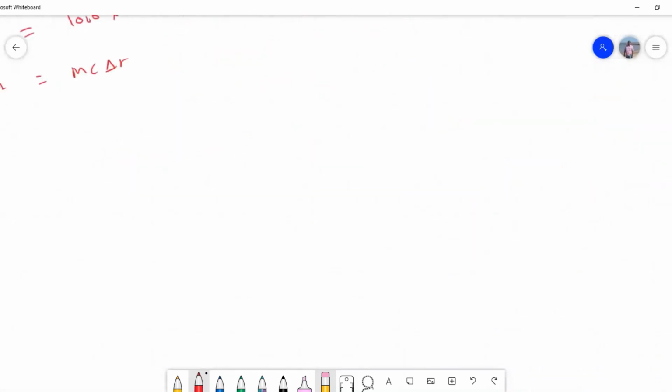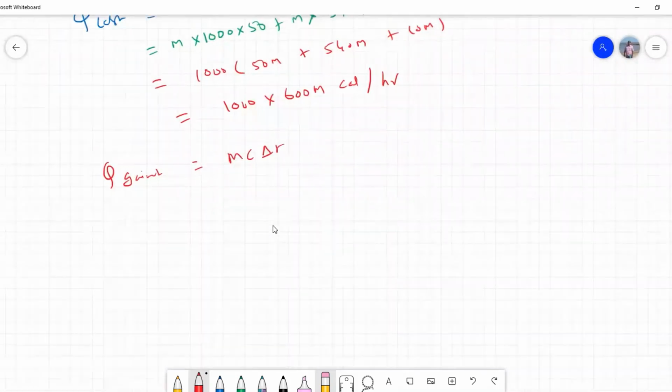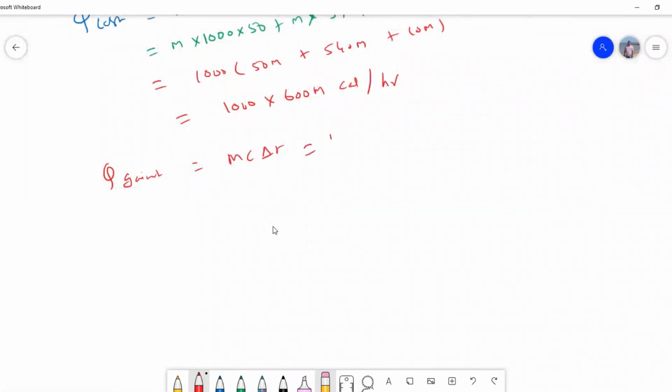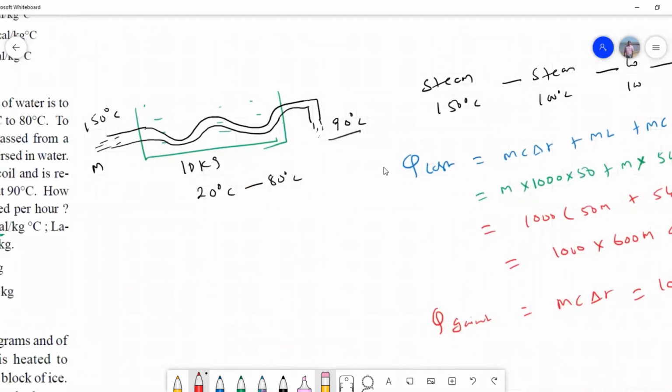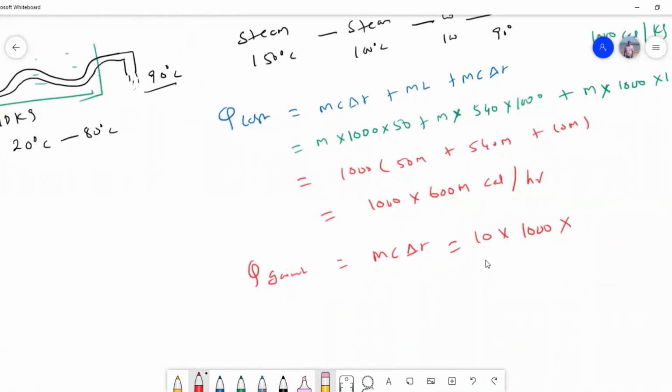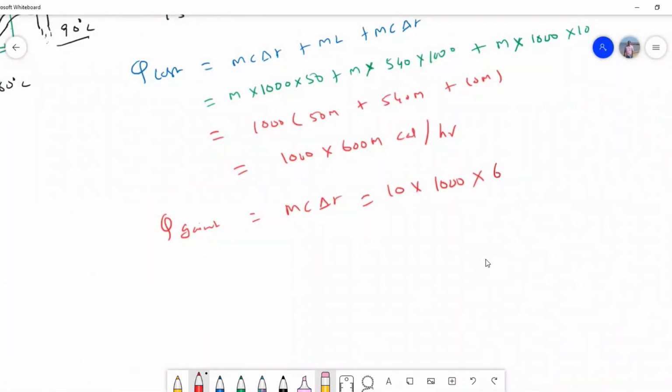Again, specific heat of water is 1000 calorie per kg, and the change of temperature is from 20 to 80. Initially the temperature of water is 20, and you have to make it 80, so the change is 60. So these many calories of energy are required per hour.